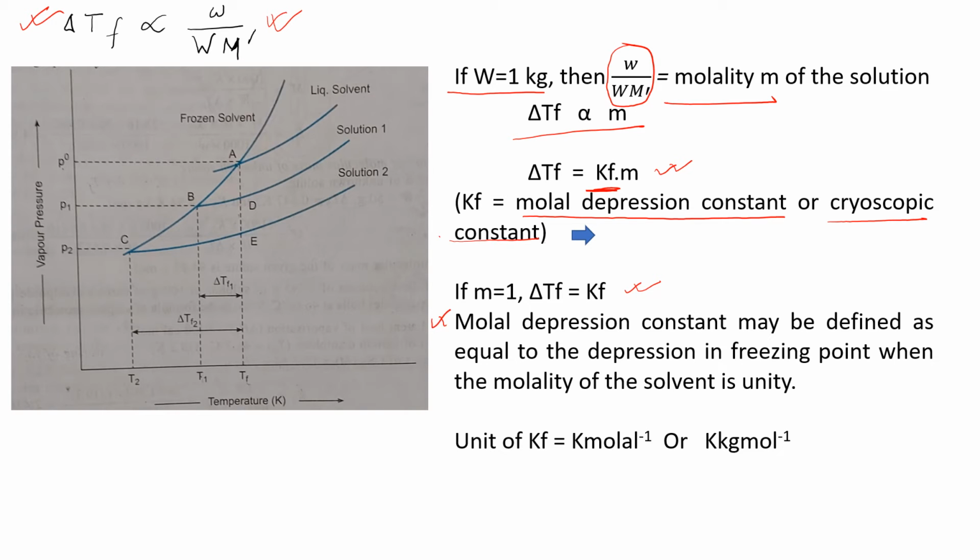So we can say the molal depression constant may be defined as the depression in freezing point when the molality of the solution is unity. Unit of Kf is K molal minus 1 or K kg mole minus 1.